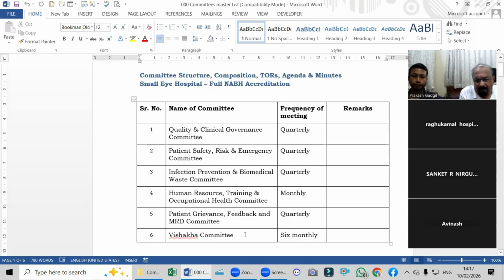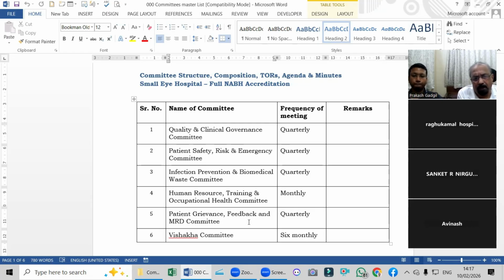Now, except one, that is the human resource and training committee, all the rest of the committees have to meet quarterly. So that's a good relief, you don't need to worry about every month. You can look at this once in 3 months, or once in 2 months if required. Of course, this frequency is for normal circumstances.